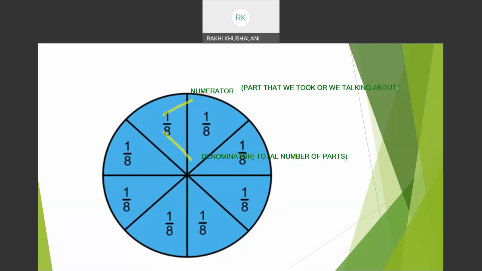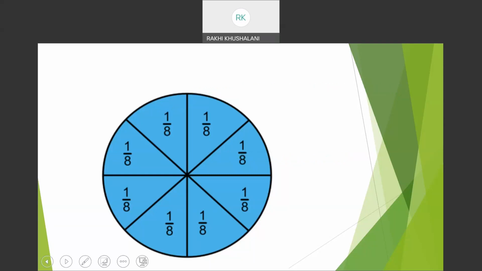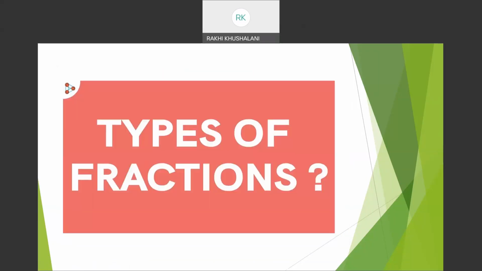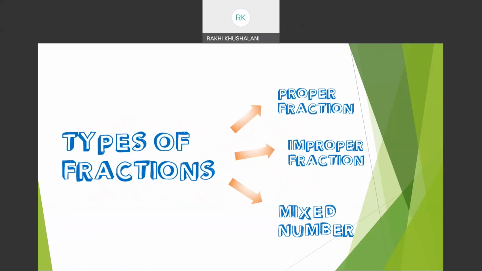So this is not much. You remember this, children. You have done it quite thoroughly in your fourth standard. Now let's see types of fractions. What are the types of fractions? There are different ways of representing fractions.